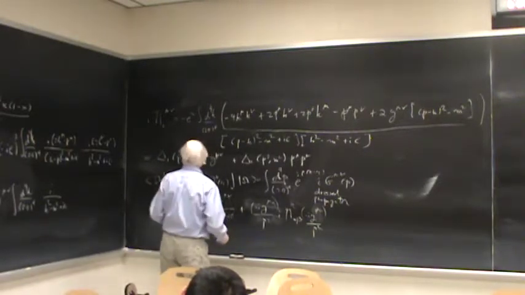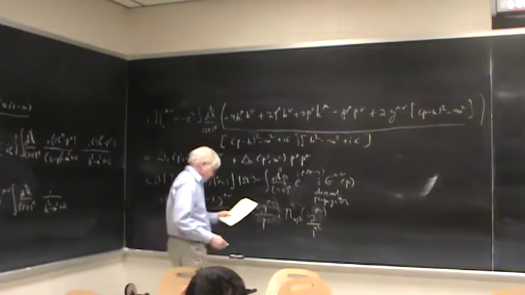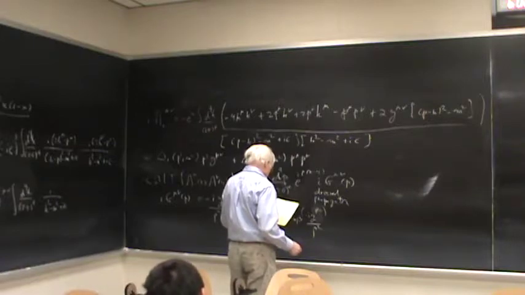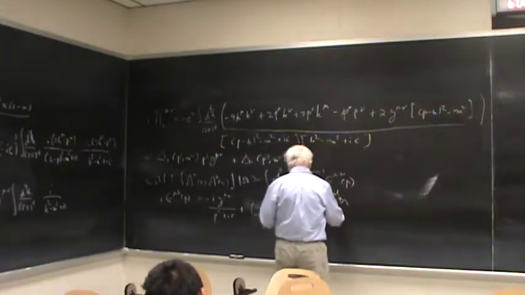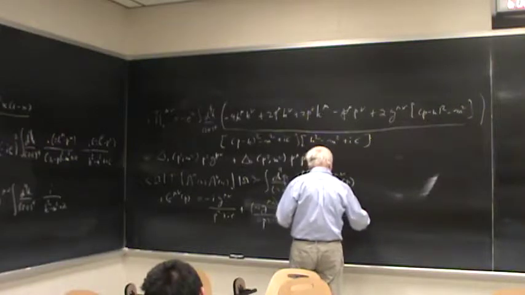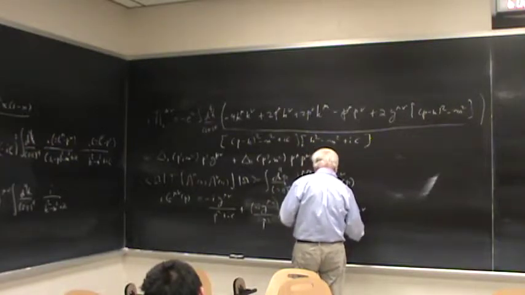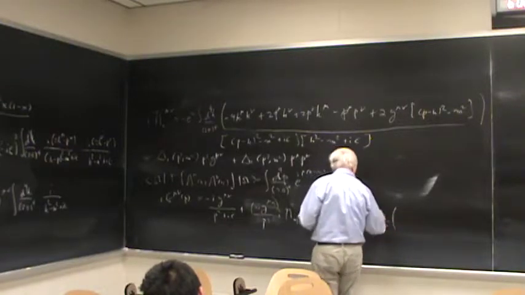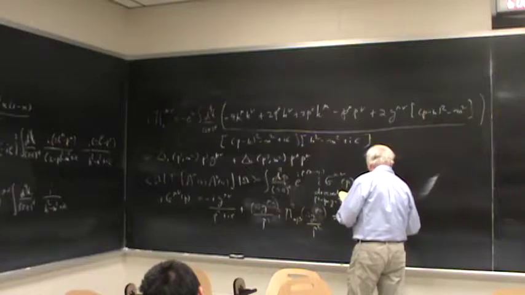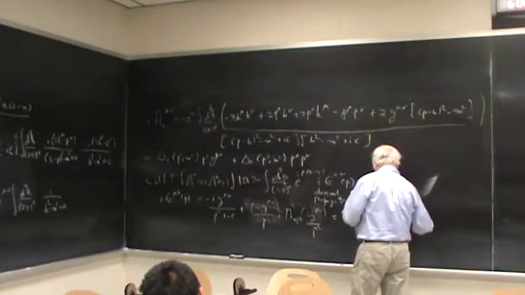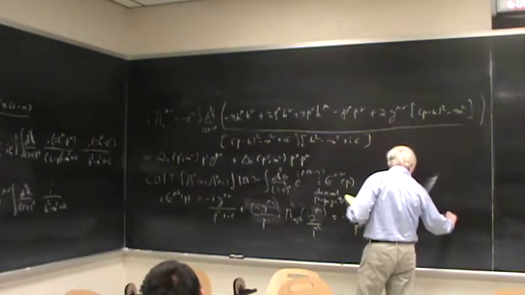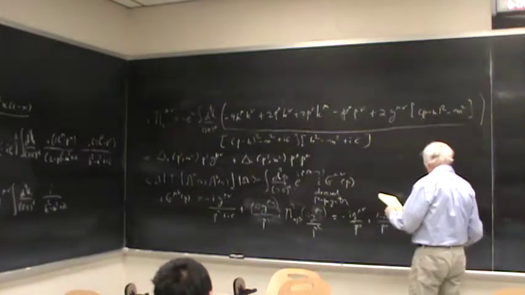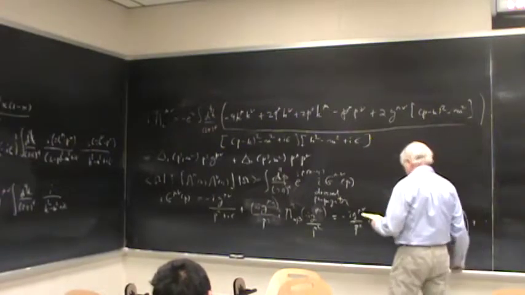And since pi is delta 1 and delta 2, this thing would be minus iG mu nu over p squared plus minus i over p squared, delta 1 G mu nu plus delta 2 p mu p nu over p squared, plus higher order terms.